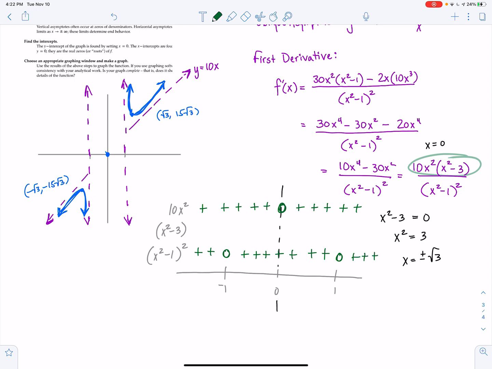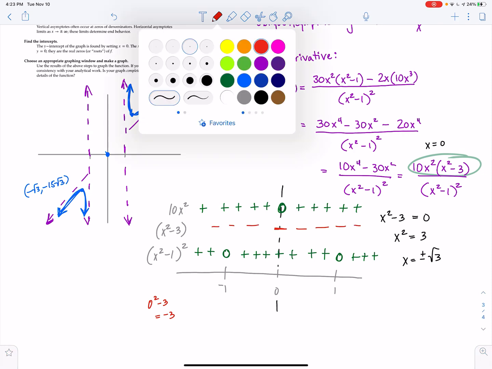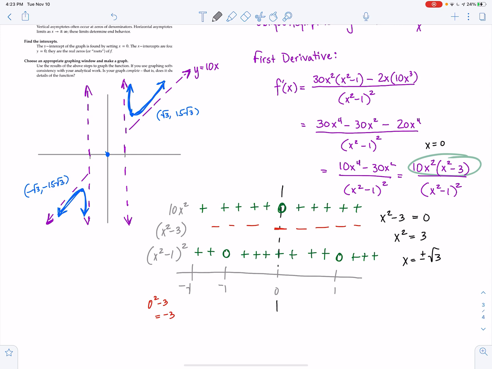So what we're really concerned with is this x squared minus 3 piece. Where is that positive and where is that negative? Well, around 0, we could just plug in 0. 0 squared minus 3 is negative 3. And we know that that gives us a negative function. That is actually going to be a negative function all the way out until negative root 3 and positive root 3.